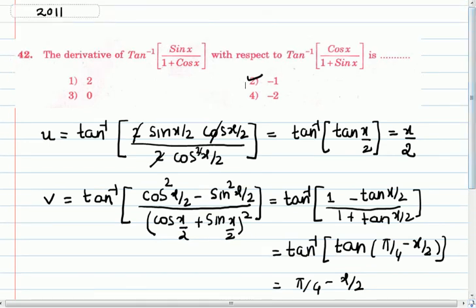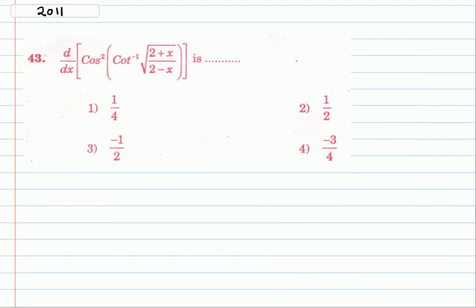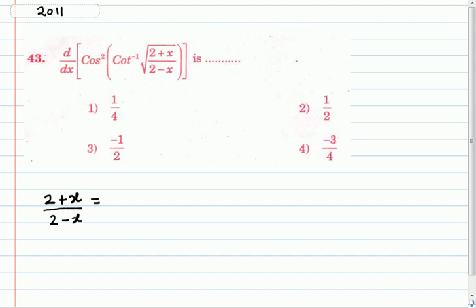Okay, next. We have d by dx of cos inverse of cot inverse of root 2 plus x divided by 2 minus x. Let me make it very simple. Let us go on simplifying the function as follows. 2 plus x divided by 2 minus x is one of the functions. Let me substitute, put x is equal to 2 cos 2 theta. I repeat, I am substituting x is equal to 2 cos 2 theta.